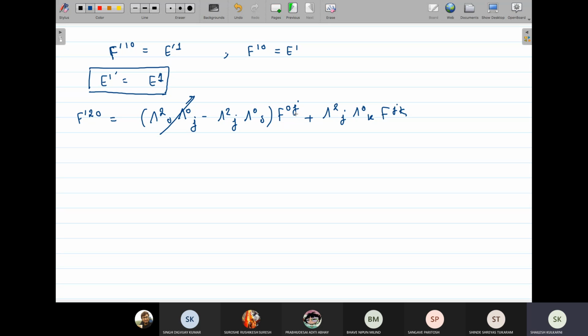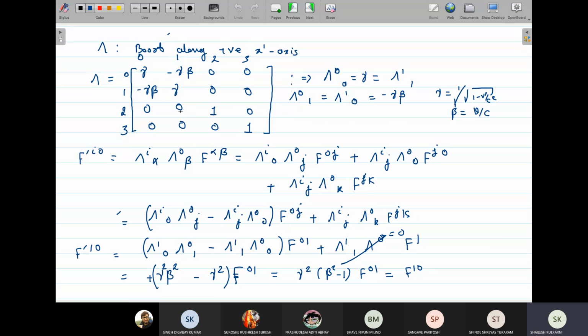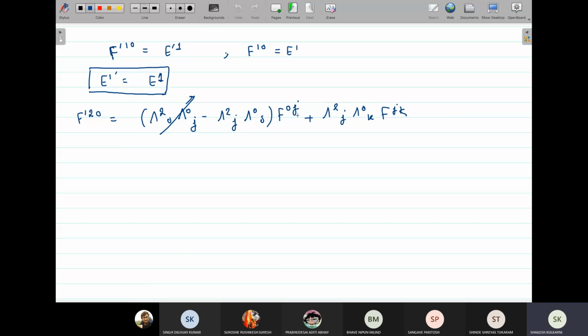J is a spatial index. In the second row, I have a non-zero entry only when the column index is 2. So j has to be 2 here, and I will get F02. So this will be equal to minus lambda 22, lambda 00, F02. There is a summation over j, but that summation has gone and I retain only index 2.